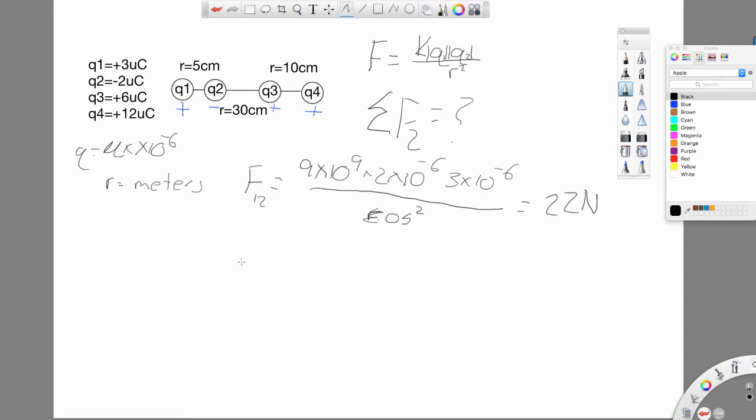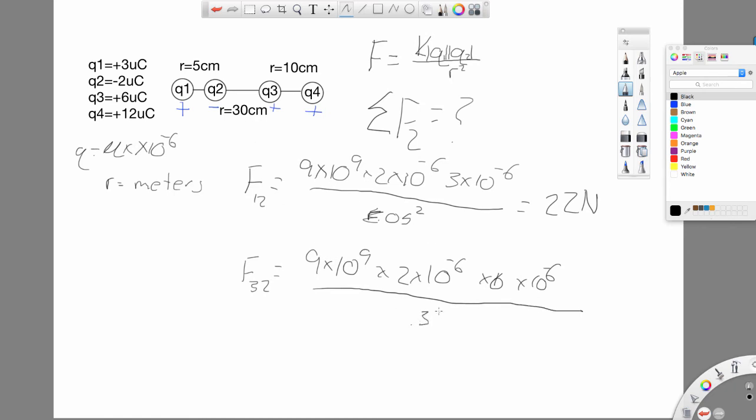Then we have the force of 3 on 2, which is the same equation: 9 times 10 to the 9th, times 2 times 10 to the negative 6th, times 6 times 10 to the negative 6, all over the distance of 0.3 squared, which is going to equal 1.2 newtons.